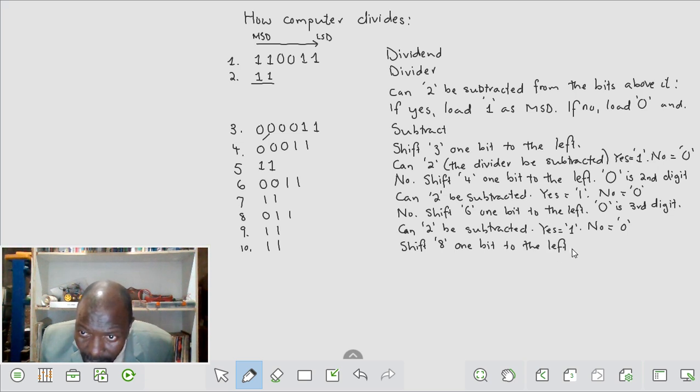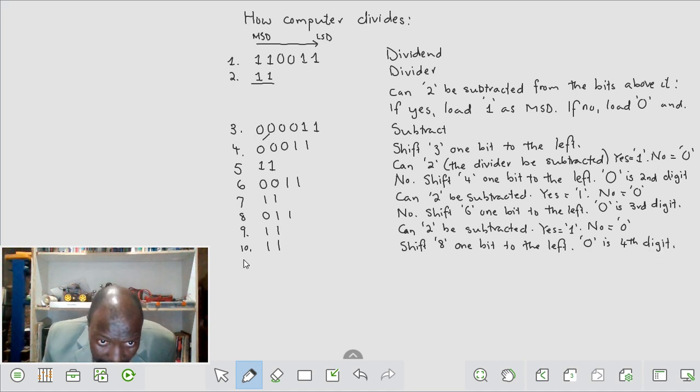Every time we can't subtract, we add a 4th digit. Every time we can't subtract, we load a 0 to the answer. So this is our 4th digit.